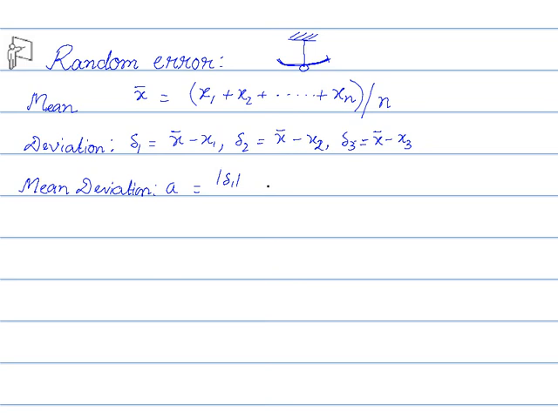So we take the modulus of delta 1, delta 2, delta 3, up to delta n, only the positive values of deviations, and divide by n. This gives the mean deviation. The actual result in terms of mean deviation is the mean plus or minus the mean deviation.